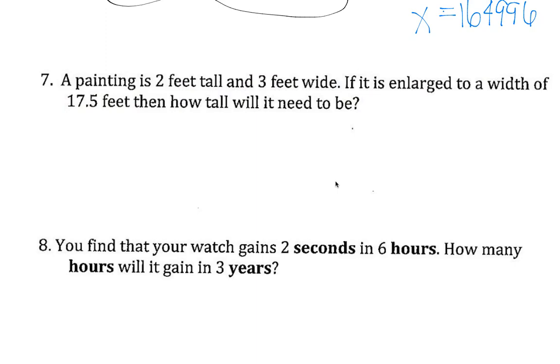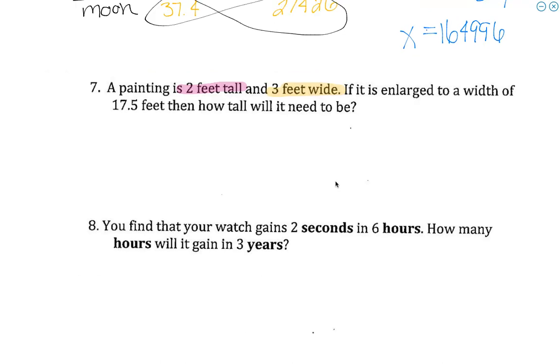A painting is 2 feet tall and 3 feet wide. I'm going to try and stick with that pink and yellow. So 2 feet tall, 3 feet wide. If it is enlarged to a width, so that's yellow, then how tall will it need to be?